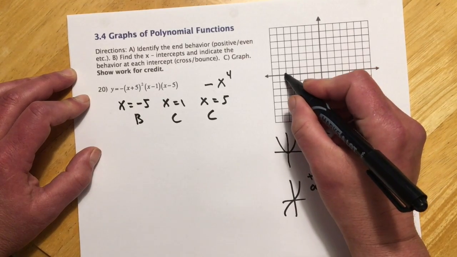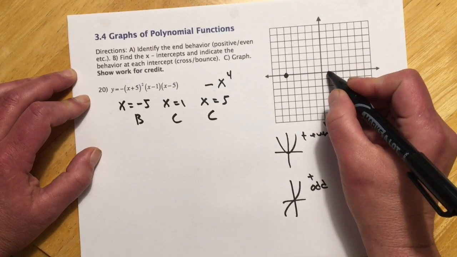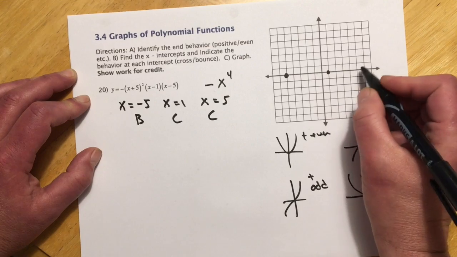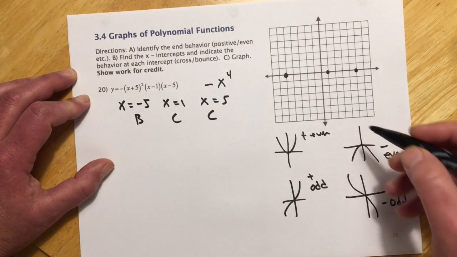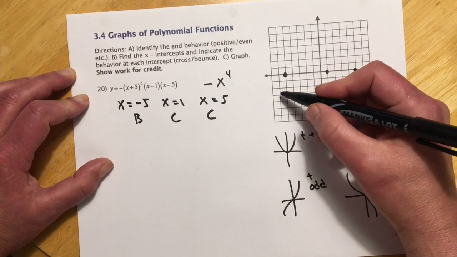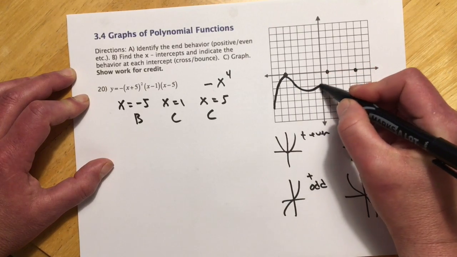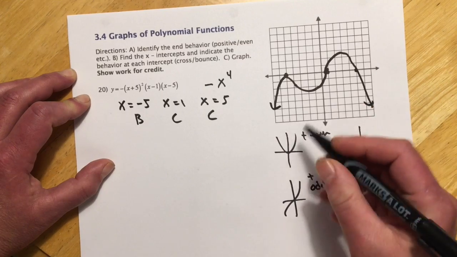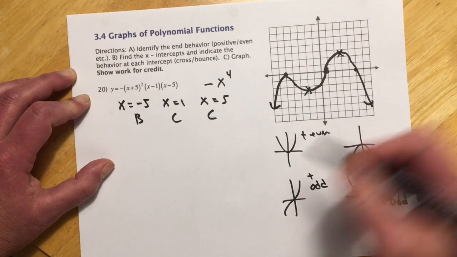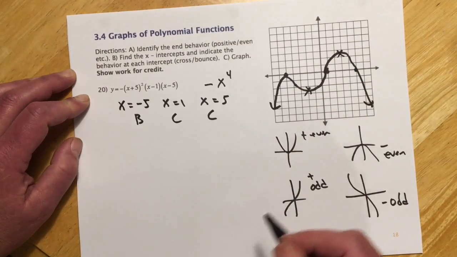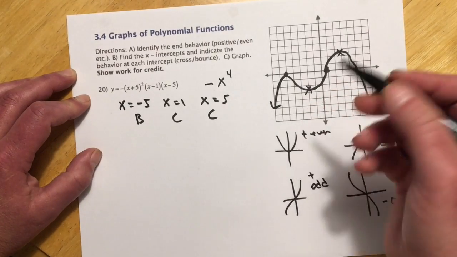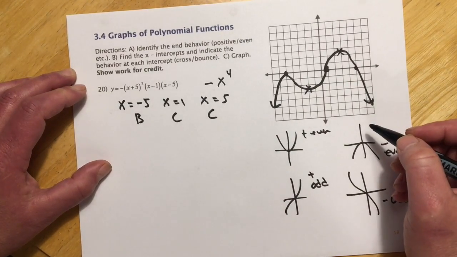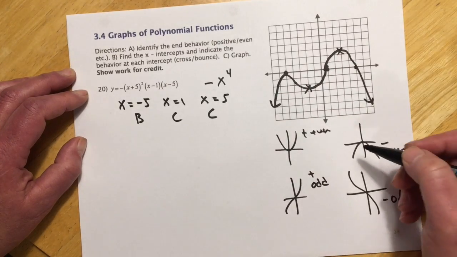So -5 would be there, 1 is here, and 5 is out there. It's going to come in from the bottom, bounce off of the -5, cross on the 1, and cross on the 5. Again, we don't know how high or low to make those because we don't know Calc 1 yet. So for our purposes, just draw something that's clear and I can tell what you intended with it.